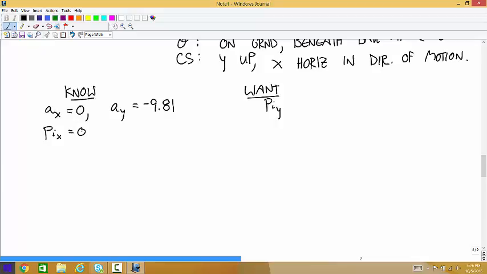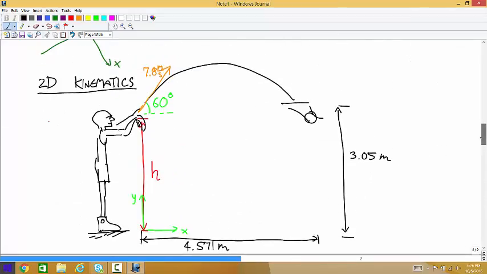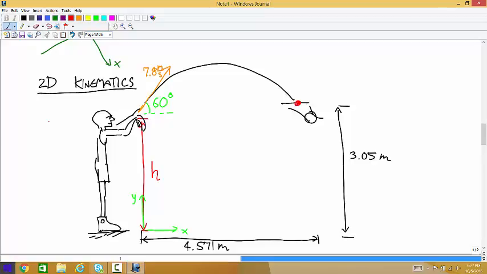Do we know anything about P final? We know them both. Yep. What we're trying to figure out are the coordinates of the point where the basket is. So that's in the positive x direction 4.57, and in the positive y direction 3.05.